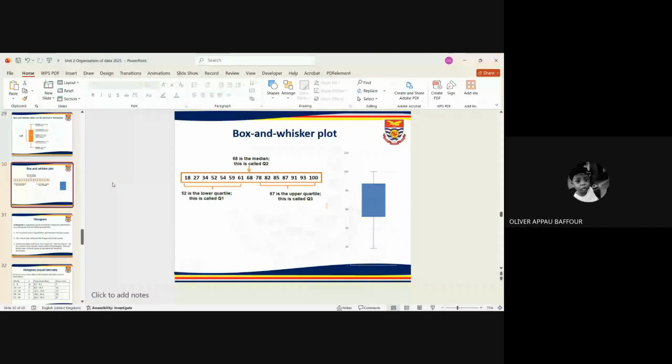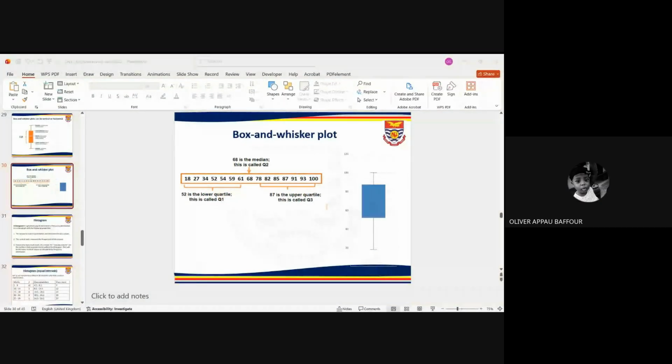Subtracting the lower quartile from the upper quartile, like the position. The position for Q1 was 4, and the position for Q3 was 12. So when you subtract, you get 8. So the 8th position will be the median. Can it be read that way?